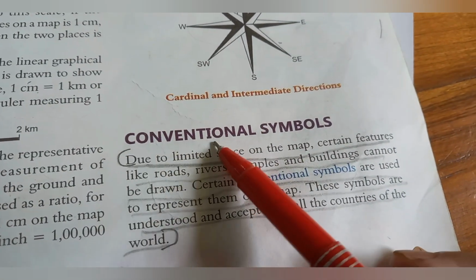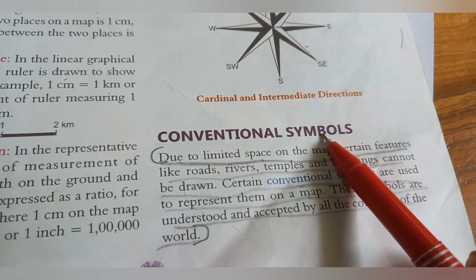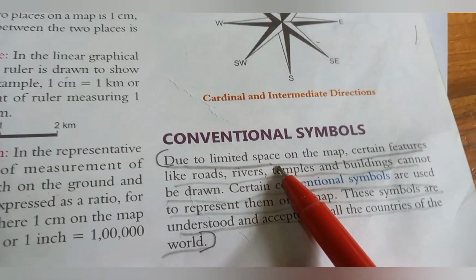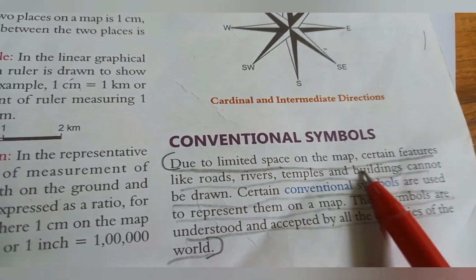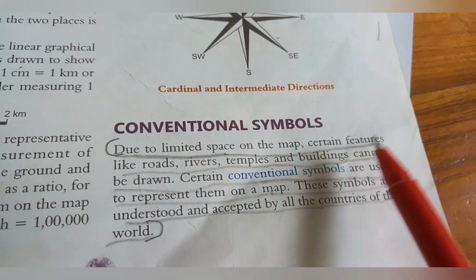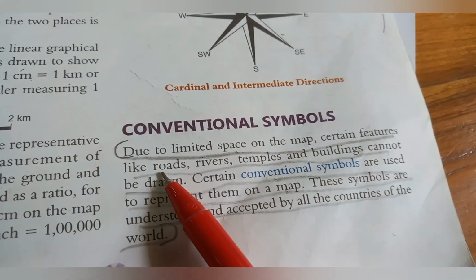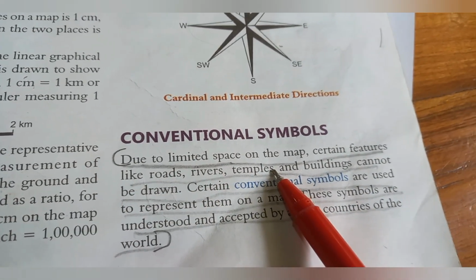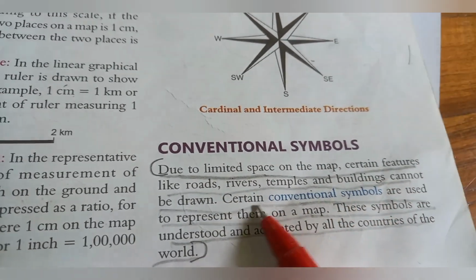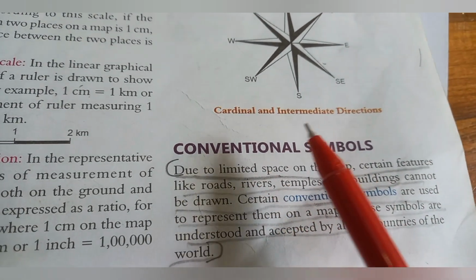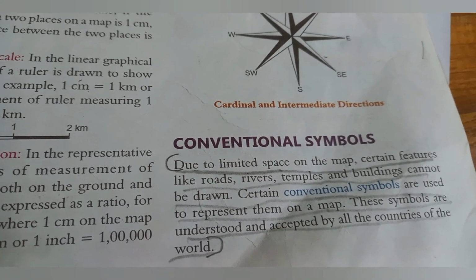Then come to conventional symbols. Conventional symbols are the symbols which are given to us to read the map properly. On a map, it is not possible to know which one is a road, which is a river, which is a temple or building. So different symbols are there to read the map properly. So these are known as conventional symbols.